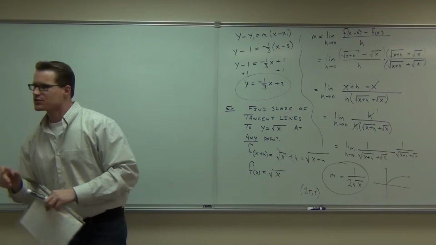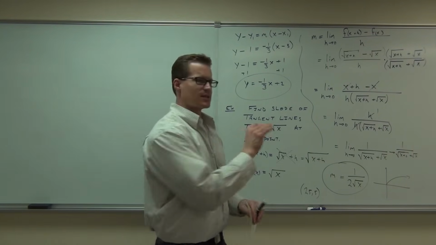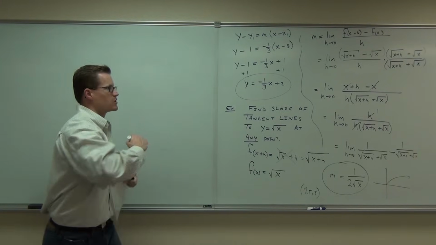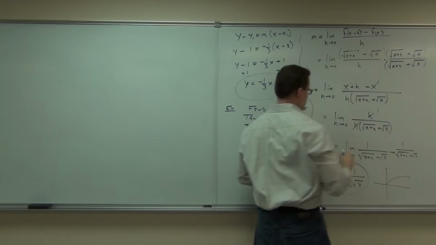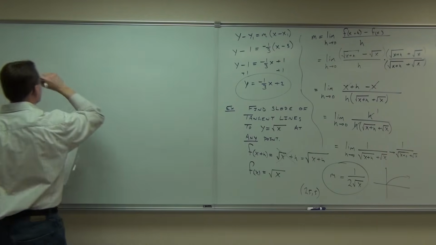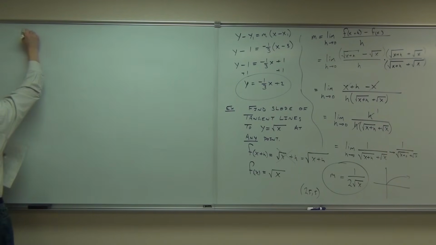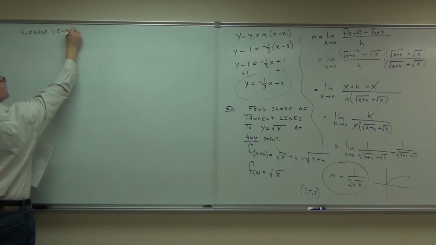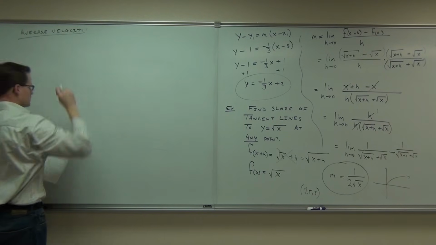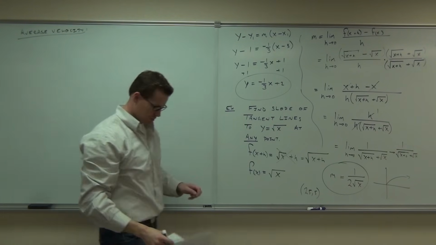We're going to talk about average velocity, and then we're going to talk about instantaneous velocity. We're going to see the relationship between this and this come into play again. Average velocity.